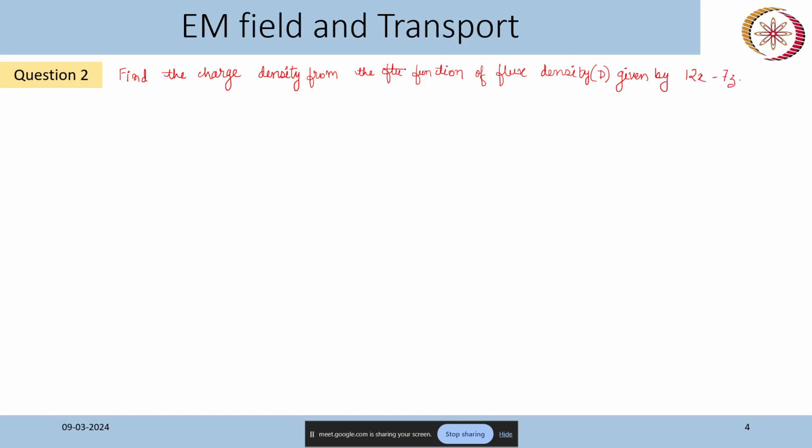The expression for flux density D is given as 12x minus 7z. It is a vector quantity, and we have to calculate the charge density rho. The options are A 19, B 5, C minus 5, and D minus 90.